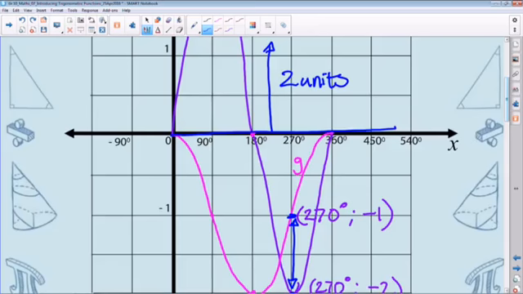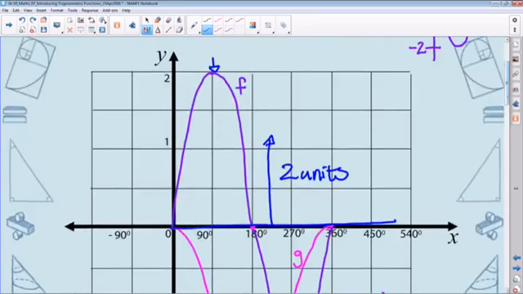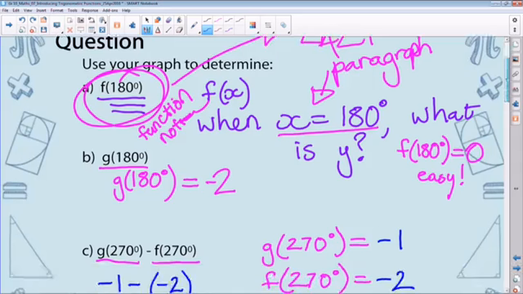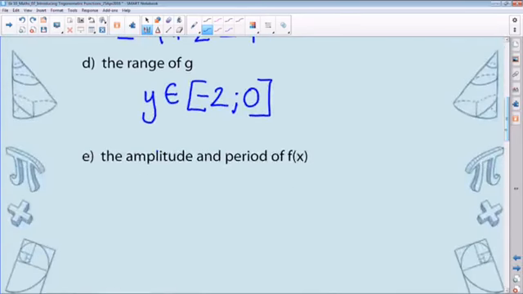And then its period, the amount of time it takes to cover one cycle, is 360 degrees. So let's write those in, and then we're done. And it really wasn't that bad. So the amplitude had a value of 2, and the period had a value of 360 degrees.